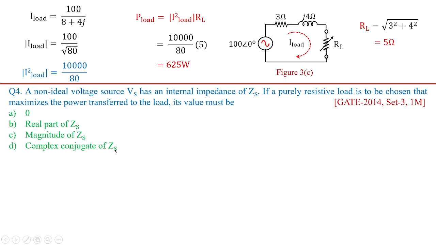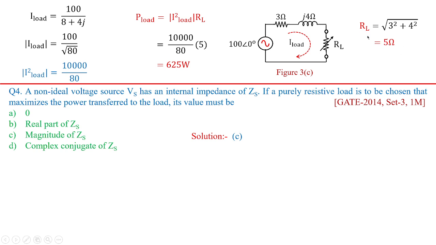Most of the students would be guessing the answer to be D. But actually, since it is a purely resistive load, the answer would be the magnitude of Zs. That is what we have done in the previous 3 problems.